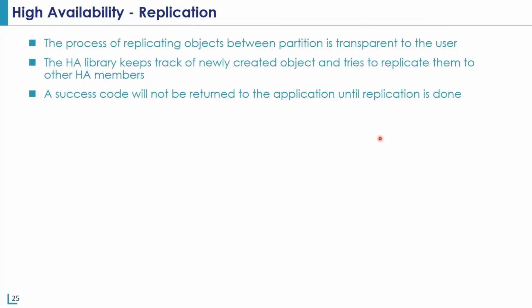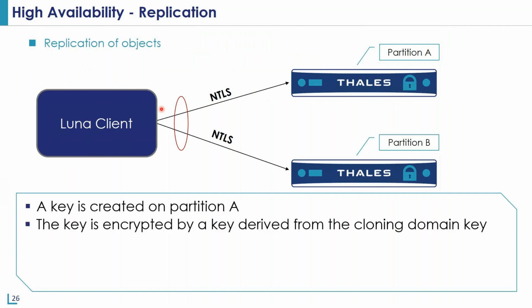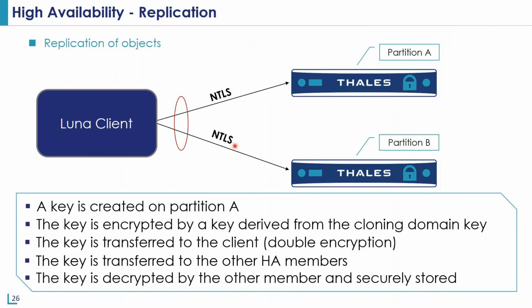So in this scenario, your application has to wait for a success code from 3 members. They have to wait until 3 success responses are received, then they can continue. This is how replication takes place in case of HSM. So key is created, key is encrypted with cloning domain, double encrypted with the help of TLS and your cloning domain, and then transferred to your HA members.